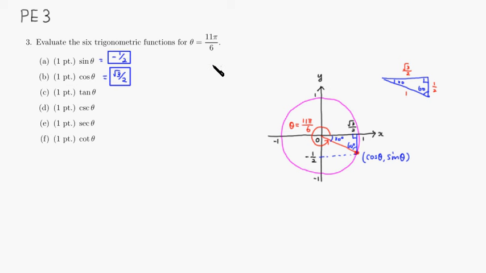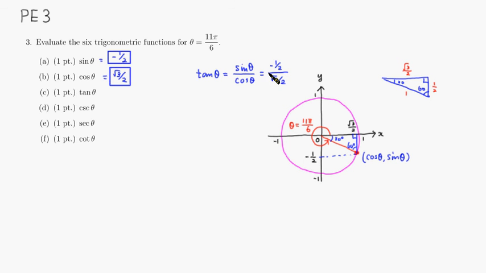Remember that tangent of theta is the same thing as sine of theta over cosine of theta. The sine of theta is -1/2, as we just found out, and cosine is square root of 3 over 2.